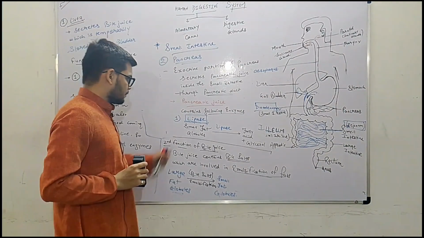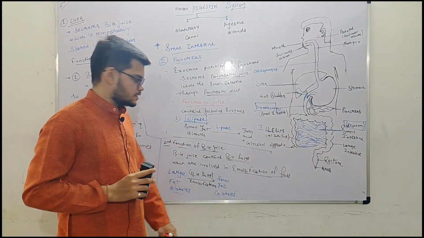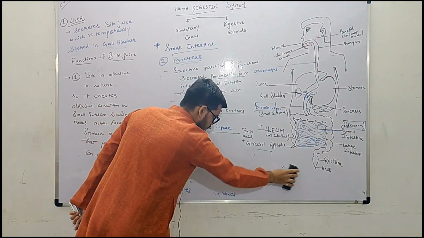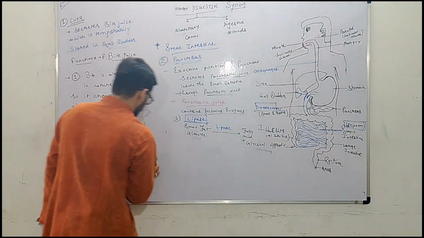So the second enzyme pancreatic juice contains is trypsin. First we have discussed about lipase.